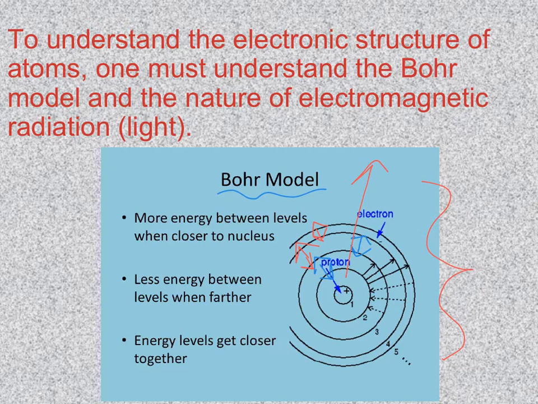So if an excited electron in energy level, let's see, 1, 2, 3, 4, drops down to energy level 3, the energy it would emit would be a lot less than the energy emitted by an electron, let's say, that started out in 3 and dropped down to 2.